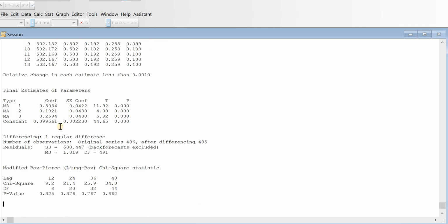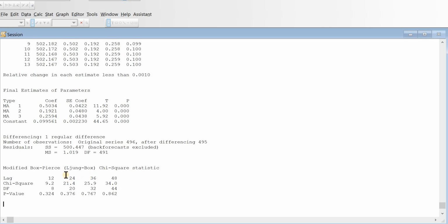Okay, this is the output. For MA3, we check whether all the parameters are significant or not. Here we can see that all the p-values are less than 0.05, including the constant, meaning that we can include the constant in the model. And then we also need to check whether the residual is uncorrelated by using the Ljung-Box test.